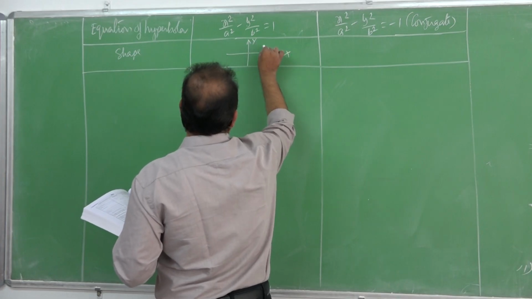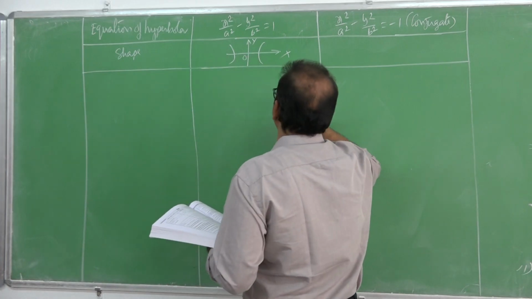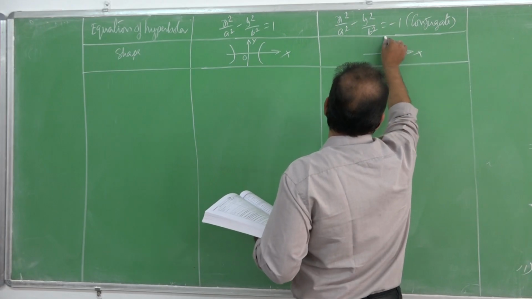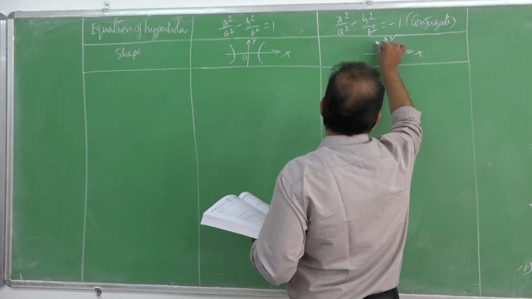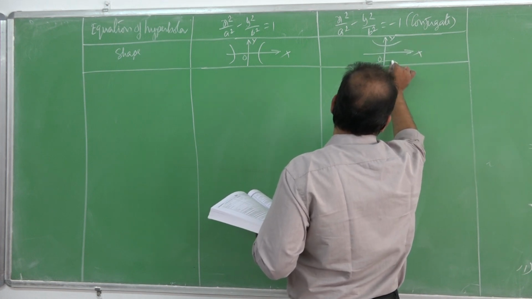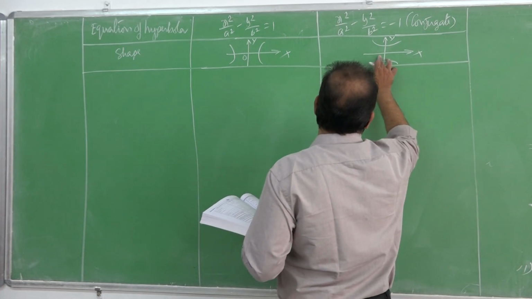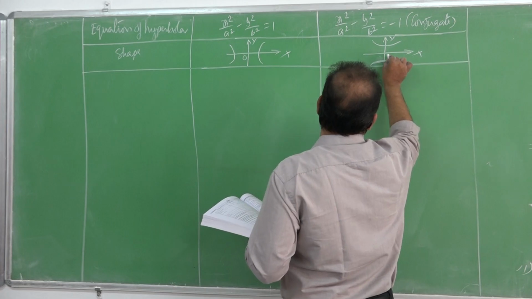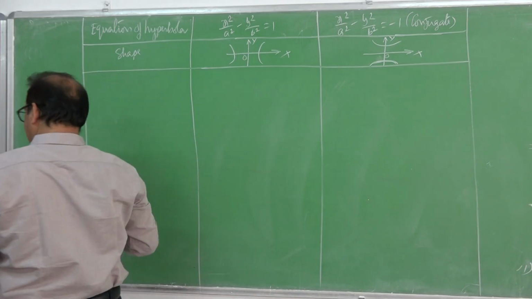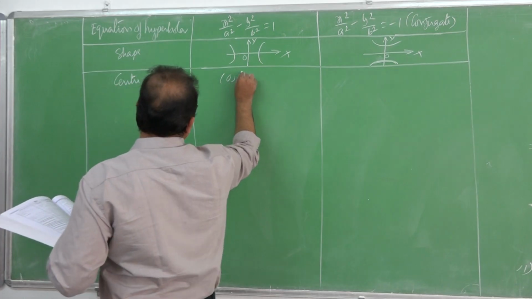This is x-axis and this is y-axis. This is the origin. Center: 0, 0.